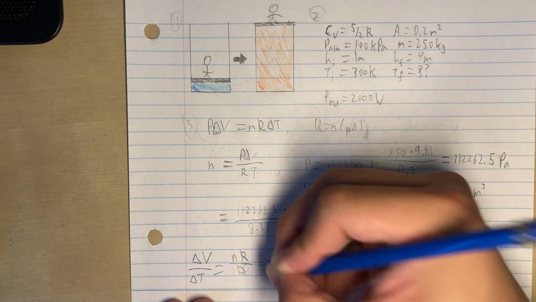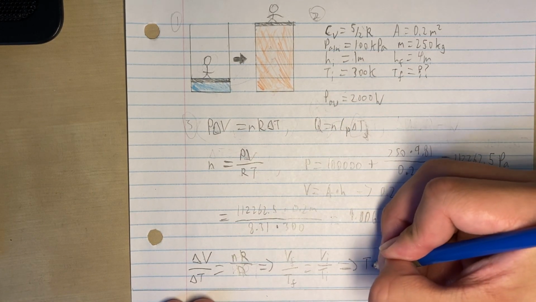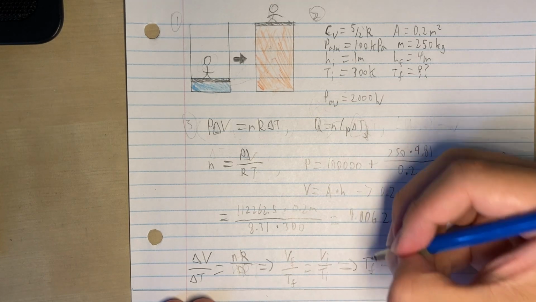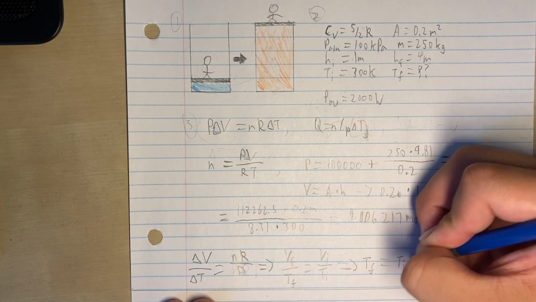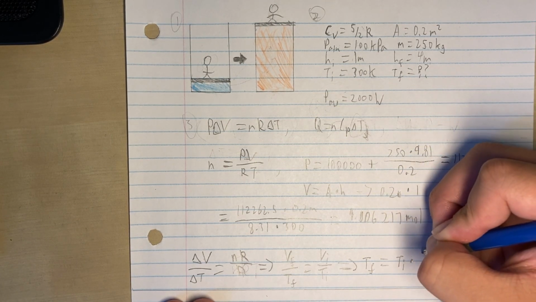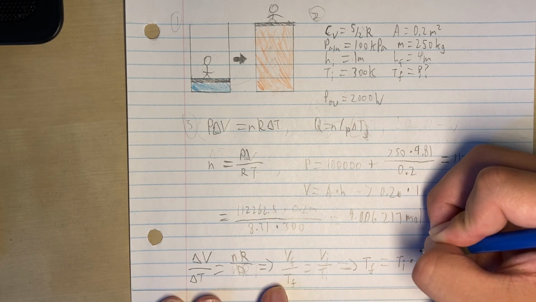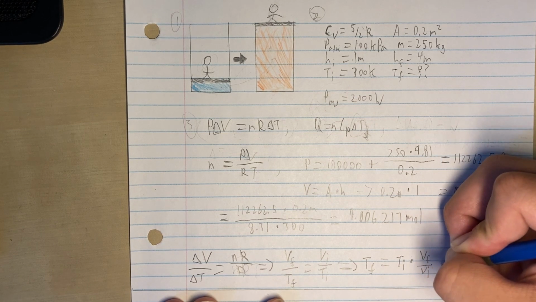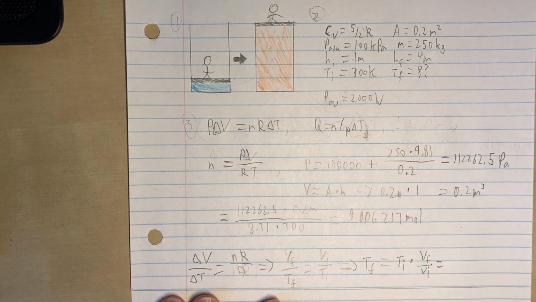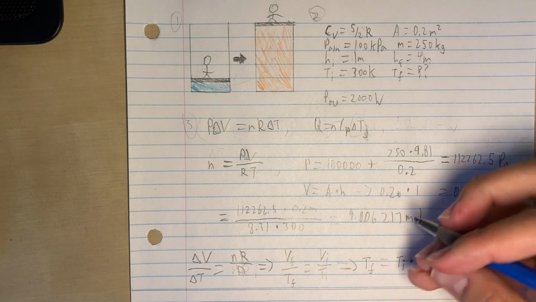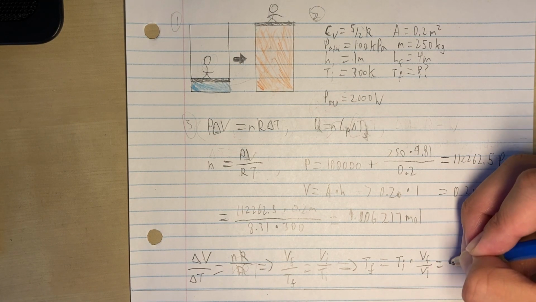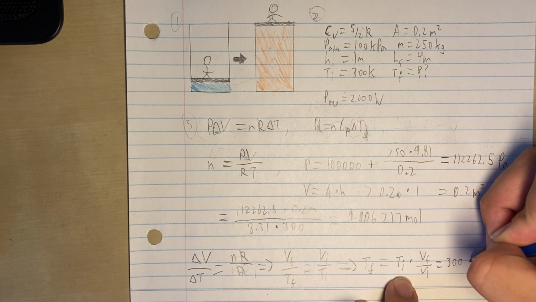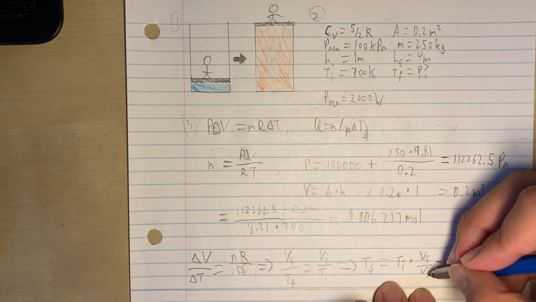That means temperature final is equal to temperature initial times volume final over volume initial. I'm just going to be a bit lazy here and show my work, leave it a bit messy. Temperature initial is 300.